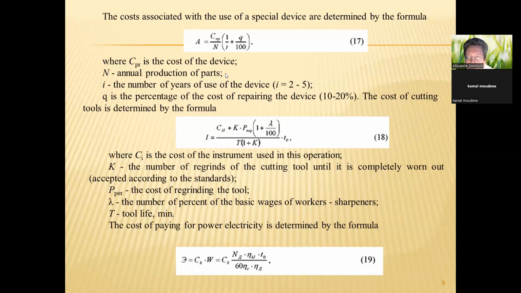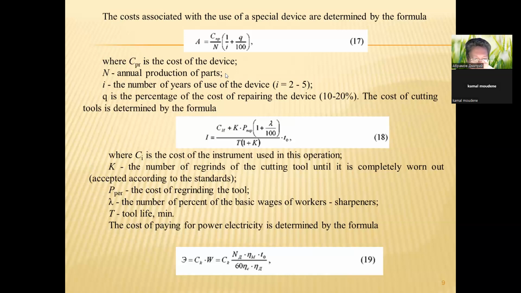The cost of cutting tools is determined by formula 18. In this formula, big C is the cost of the instrument used in this operation. Big K, the number of regrinds of the cutting tool until it is completely worn out, accepted according to the standards.